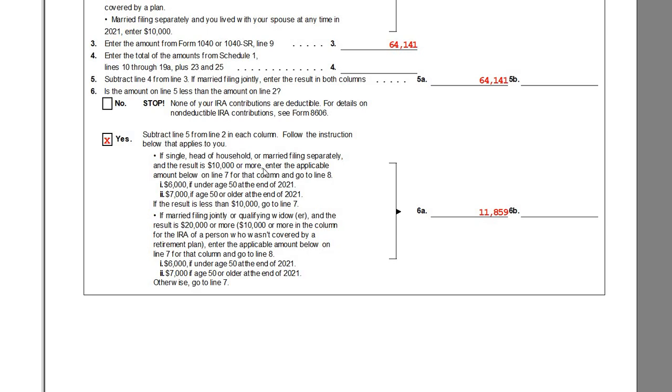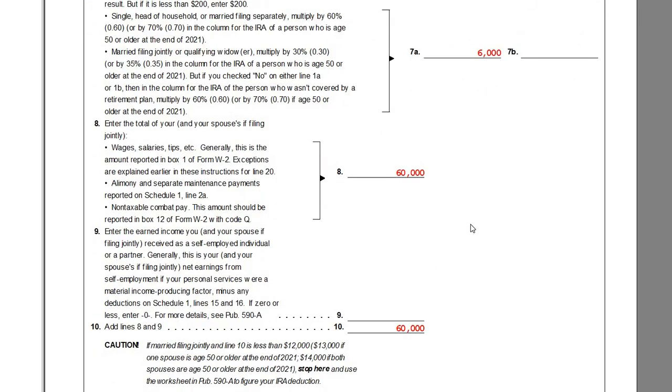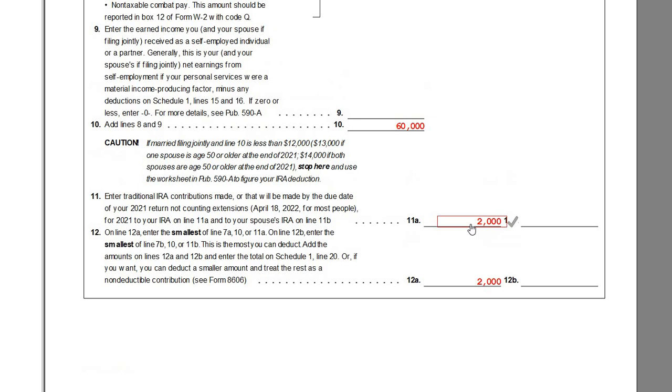Yes. So he follows the instructions as it asks here. Subtract the amount. He's got $11,859 remaining. Multiply by the appropriate percentage. $6,000 is the maximum amount of contribution that you could make to the traditional IRA for 2021. And so as we move our way on down here, we can see that the amount he contributed during the year, again, was $2,000.